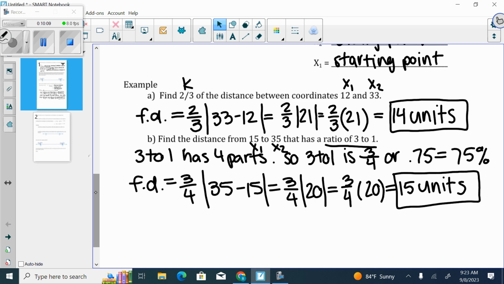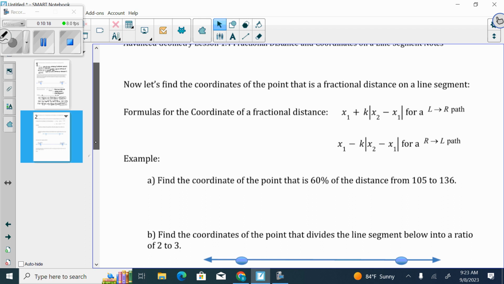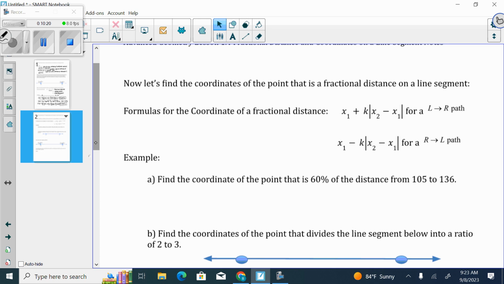Okay, so we got fractional distance down. Let's flip it over on the back and talk about coordinate. Okay, so yesterday we said the difference between what we were finding with distance and what we found with midpoint is that distance was how far you went, midpoint was a specific location, right?